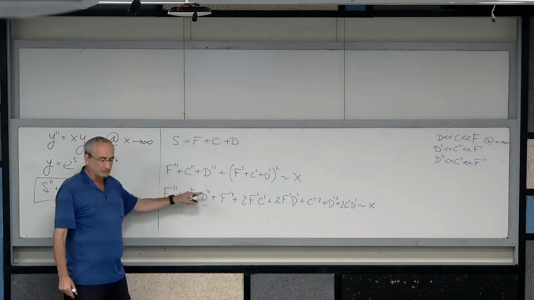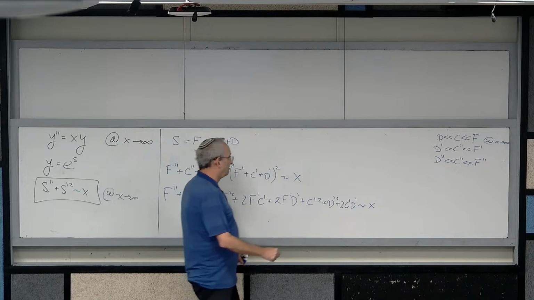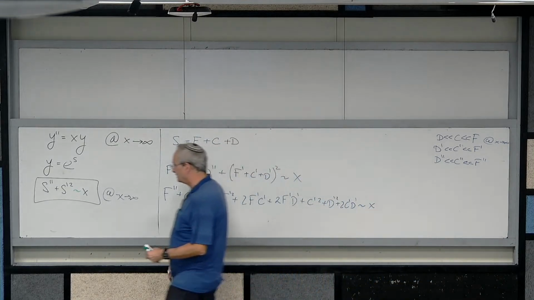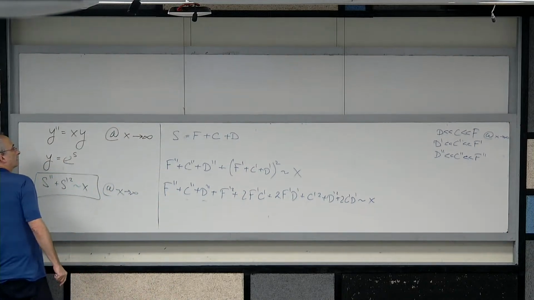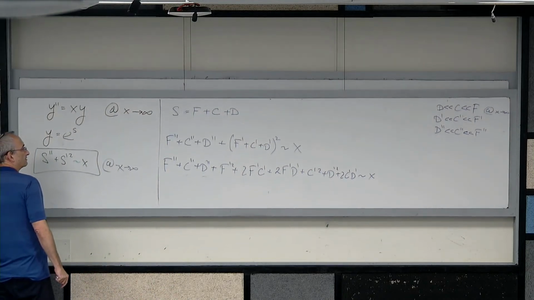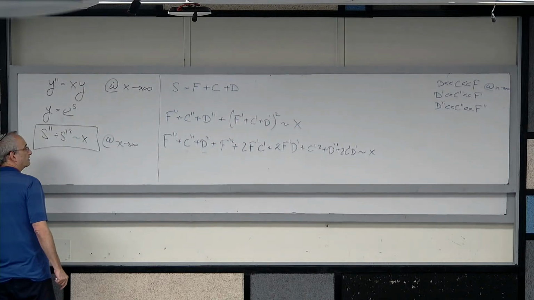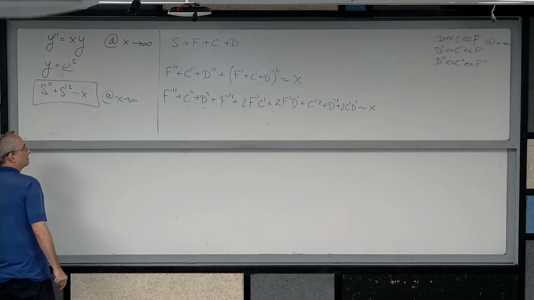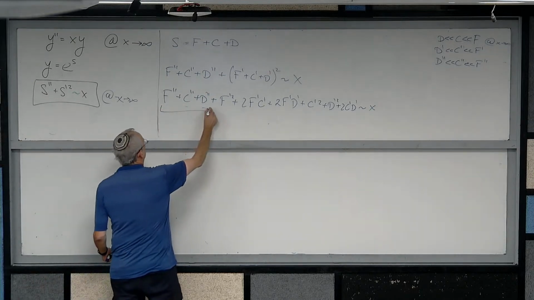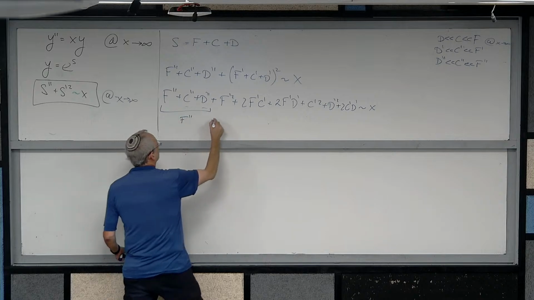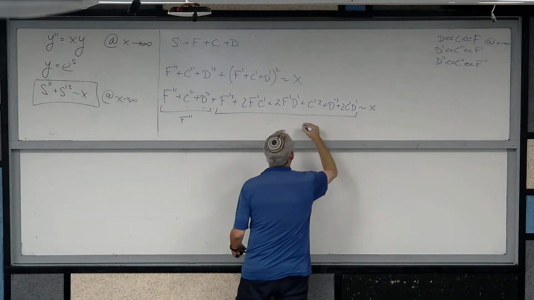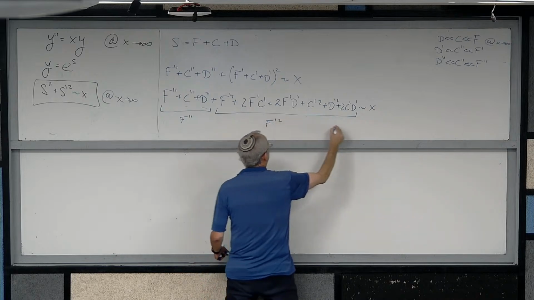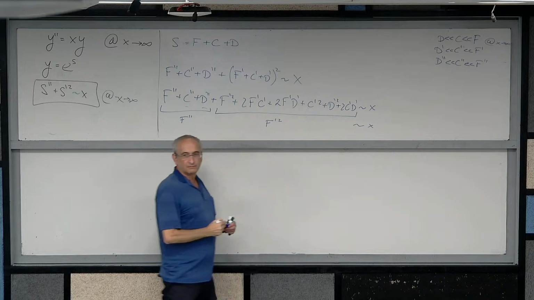This is dominant balance. Clearly, from these three, the F double prime is the dominant. From all these, there are 6, I guess, F prime squared is dominant, and they should be asymptotic to x.